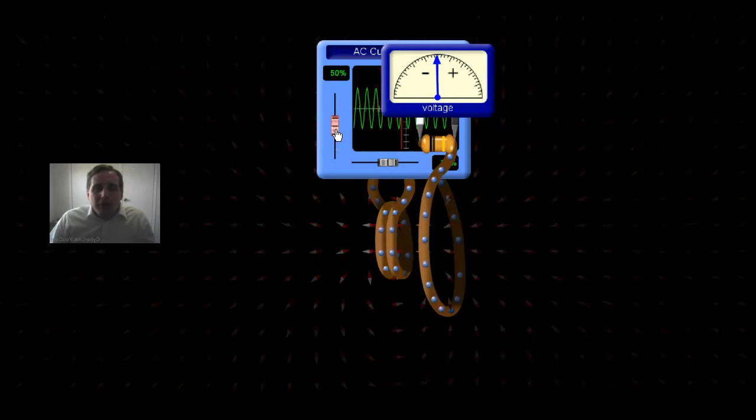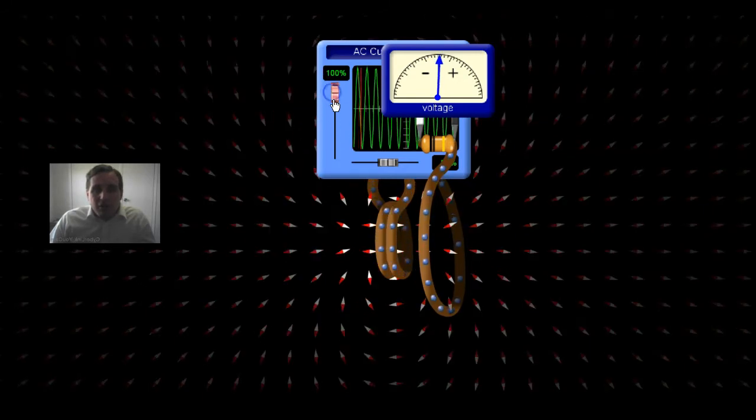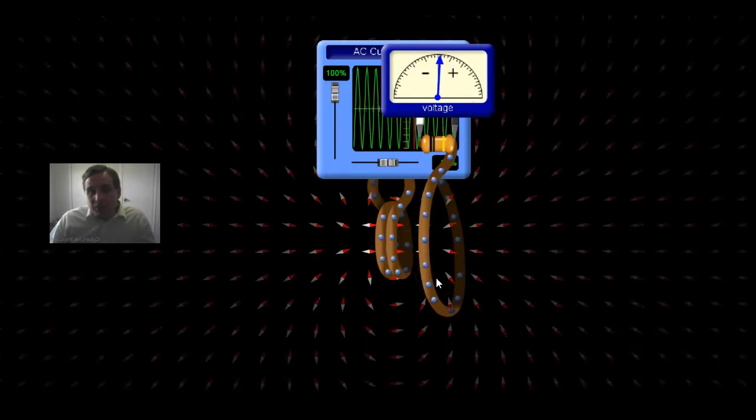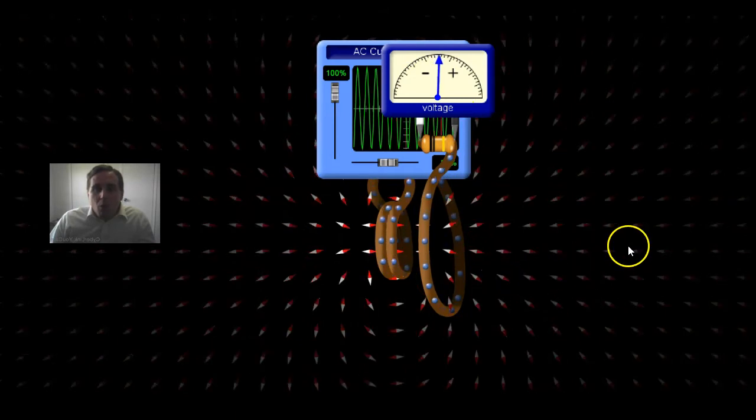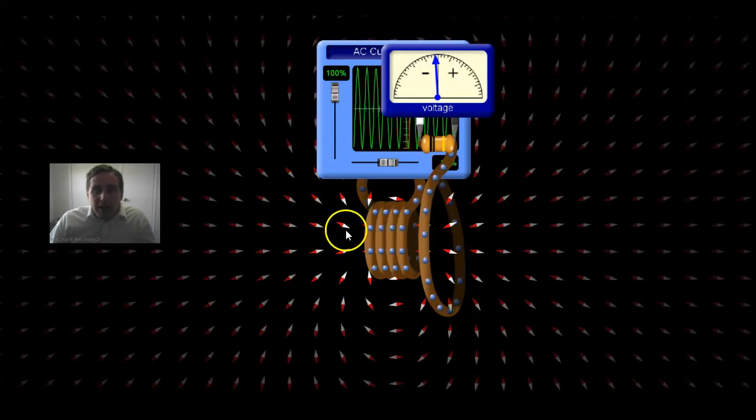Okay, now let's move on and let's say, what happens if we increase the magnitude of the current from the primary coil? Well, if we increase the magnitude of the current and the voltage, indeed there is greater voltage on the secondary coil. What if we are going to increase the number of loops? Notice that if we increase the number of loops, there's also a greater effect.